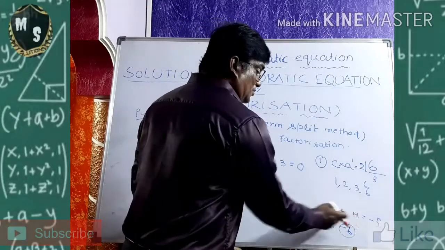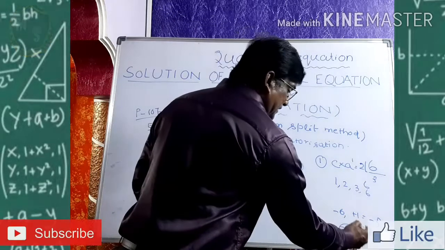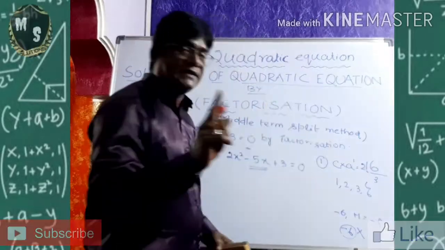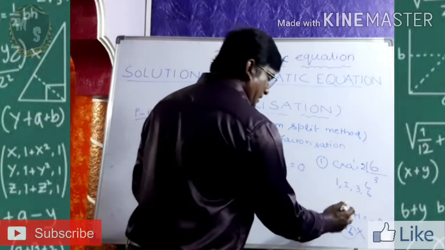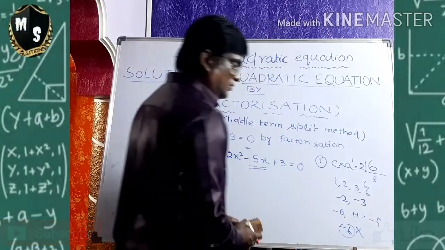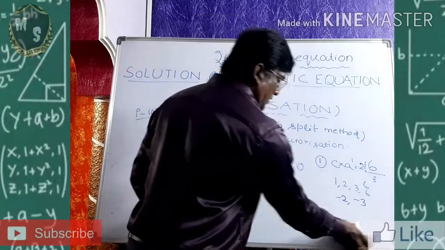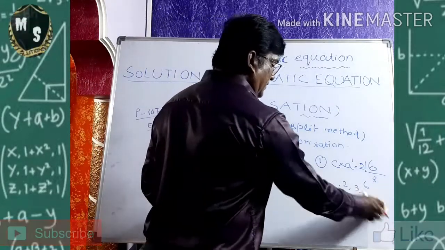Can I take these numbers? No, because it never satisfies C into A, which is plus 6. So both numbers should be negative, I think. Then I can try minus 2, minus 3. Test for this. Minus 6 and plus 1 is a failure.